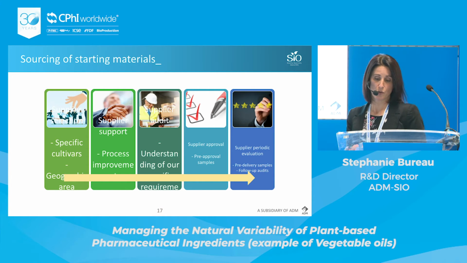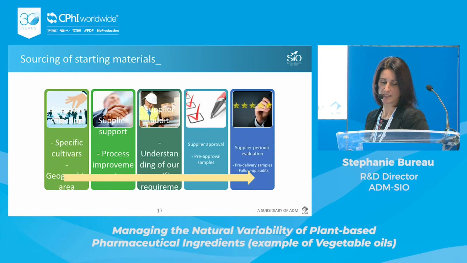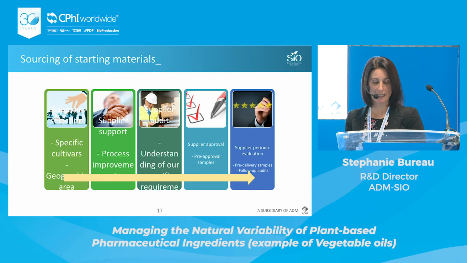Not all vegetable oils are the same, as we saw previously, the importance of many parameters on the variability of the product. And for us, it's really essential to work in very close collaboration with our suppliers, to explain clearly what our needs are, to be sure that pharma requirements are well understood, to ensure quality and consistency of the starting material.